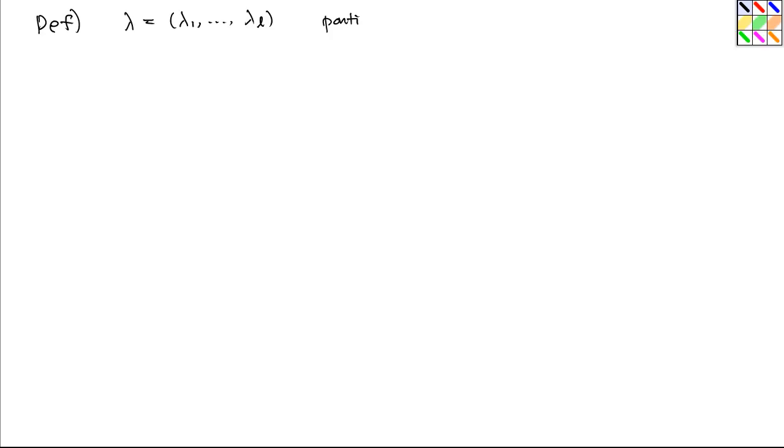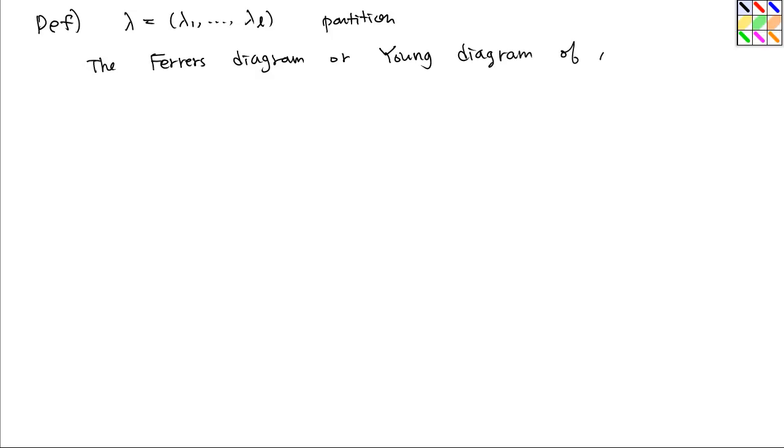And there is a very nice way to represent a partition in a graphical way. So let lambda be a partition, lambda 1 to lambda L. The Ferrers diagram, or also called Young diagram, of lambda is just a diagram with dots, something like that.